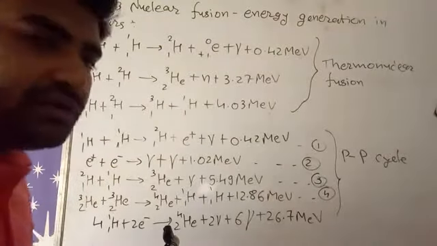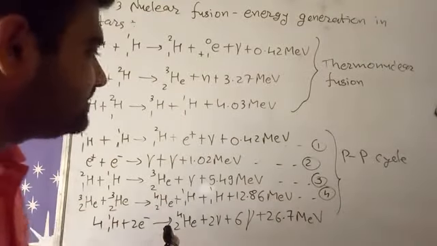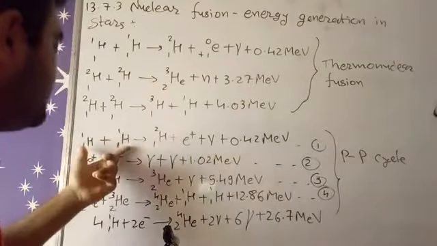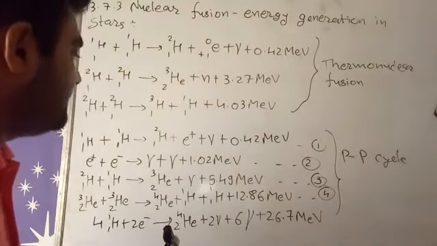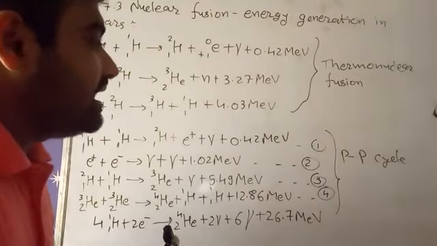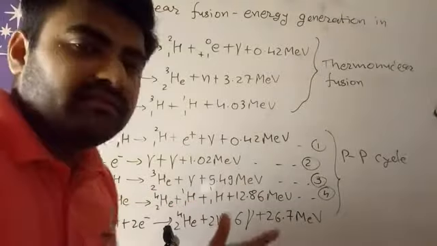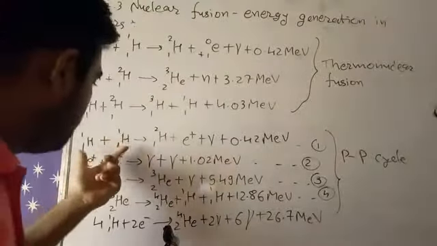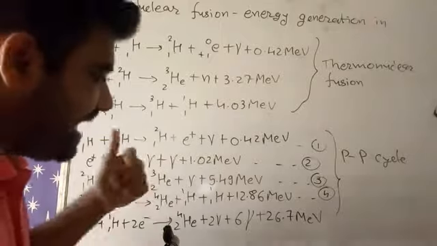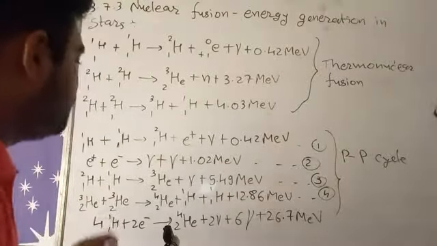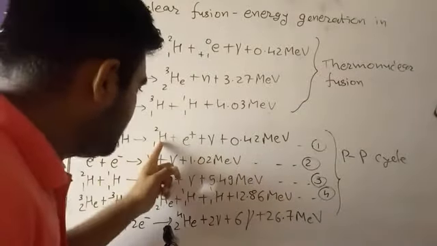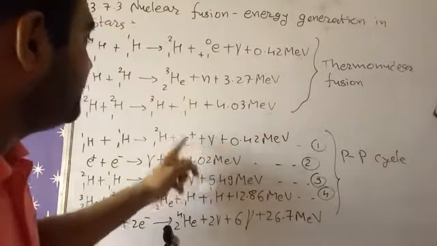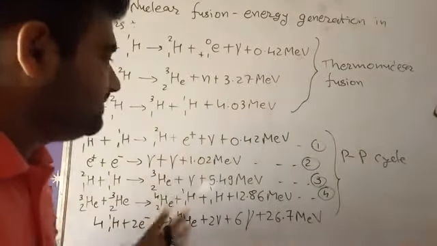Why do two hydrogen come together? Because of that temperature they gain some energy, and with that energy they oppose the Coulomb repulsive force and overcome that barrier, come together and form one deuterium during this process.